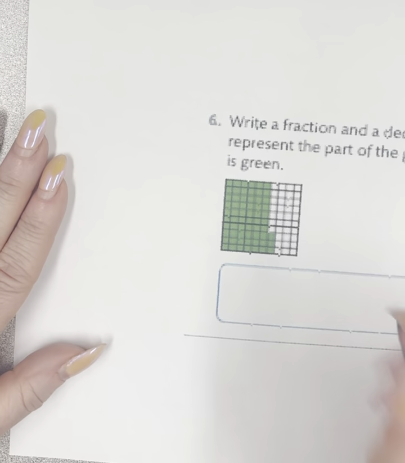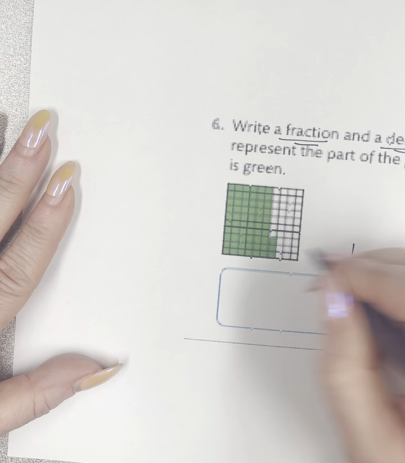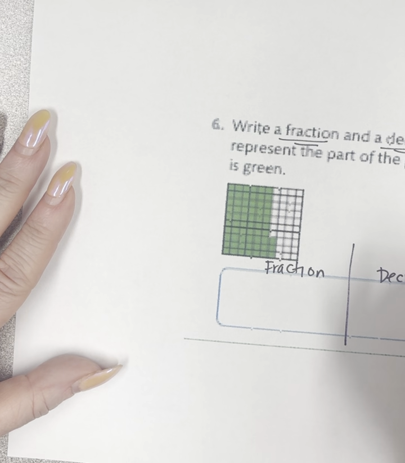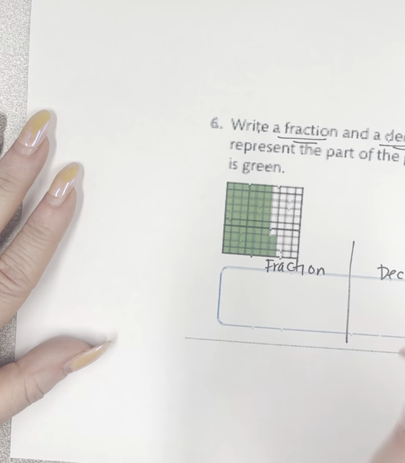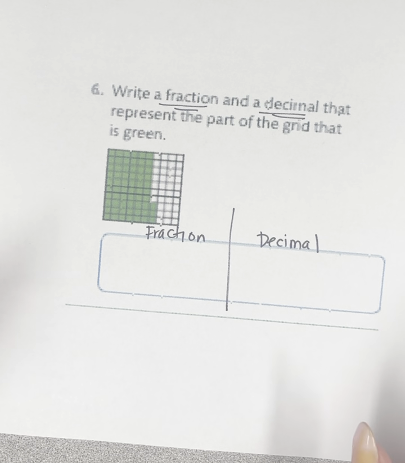Let's go to 6. This is a lot faster. Write a fraction and a decimal. Fraction. Decimal. I love organizing my work like this. That represent the part of the grid that is green. On Friday, it will be the part that is shaded, okay, because we're not printing in color.